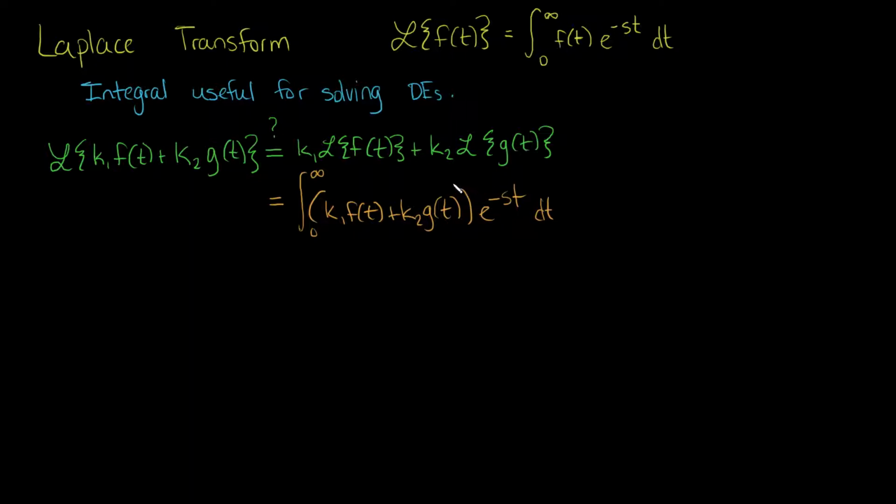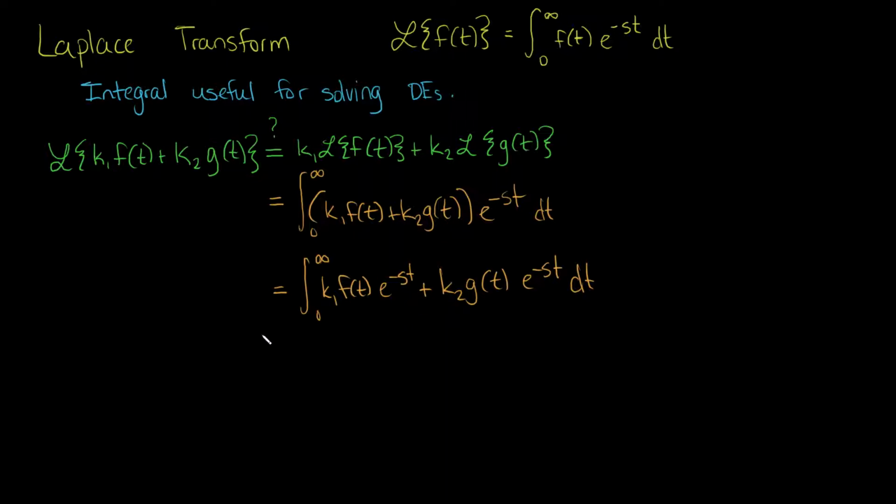We know that multiplication is distributive, so let's distribute out this e to the negative s t, which gets us the integral from 0 to infinity of k1 f of t times e to the negative s t, plus k2 g of t times e to the negative s t, dt. I just distributed the e to the negative s t to each term inside the parentheses. Now we know the integral itself is a linear operator, because the integral of a sum of two functions is the same as the sum of the integrals of each function.